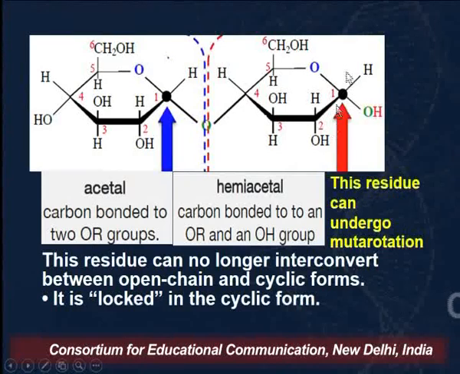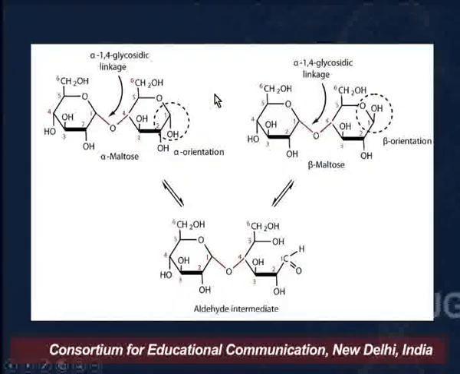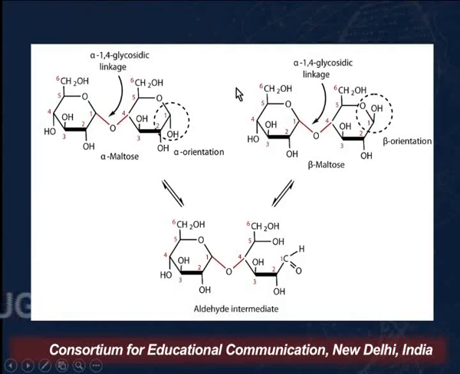So when we dissolve it in water or we carry out the reaction in a basic medium, this will open up, and it is this residue which can undergo mutarotation, and this molecule will be locked here, because here we have an acetal linkage, that is a glycosidic bond has been formed here, and this is locked in the cyclic form. So now, as I said, this molecule will show us the mutarotation. Now a question can be asked that maltose is a disaccharide. Will it show mutarotation?